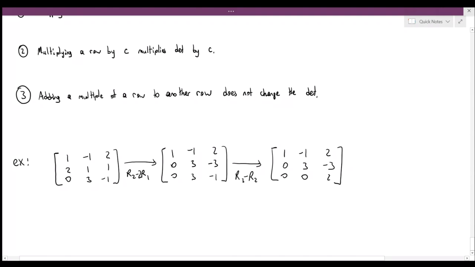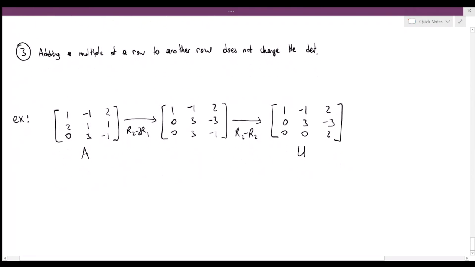What that means is that the determinant of this matrix A should be equal to the determinant of this matrix U. So determinant of A equals determinant of U. But because U is an upper triangular matrix, we know that for a triangular matrix, its determinant is the product of its diagonal entries. So the determinant would be 1 times 3 times 2, which is equal to 6, which once again is the same as what we have seen previously.